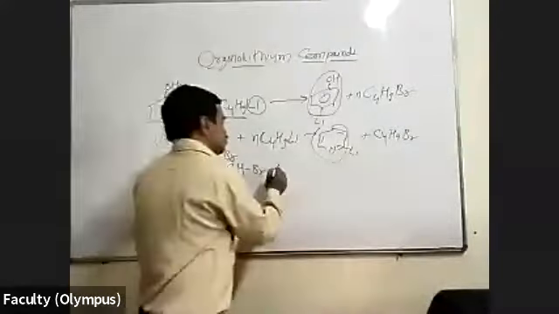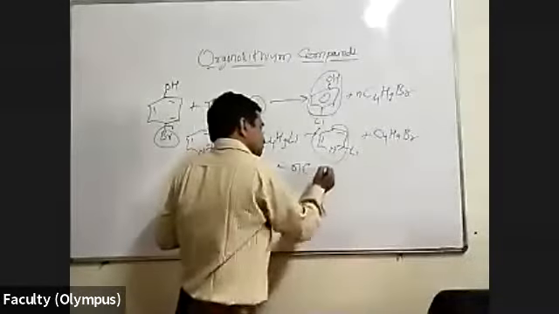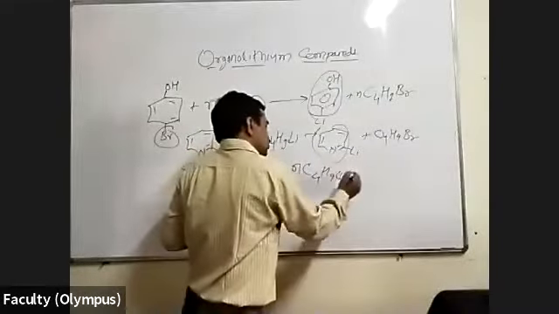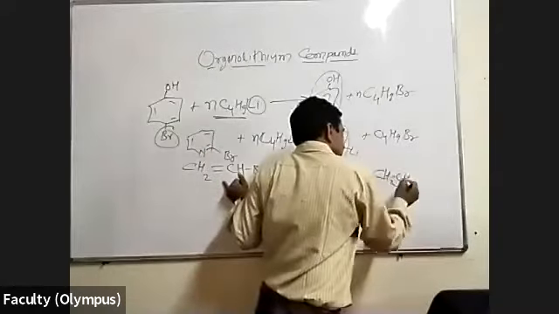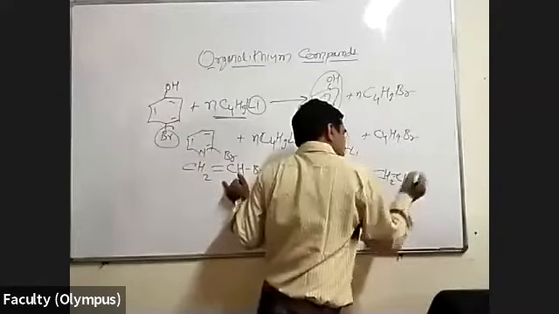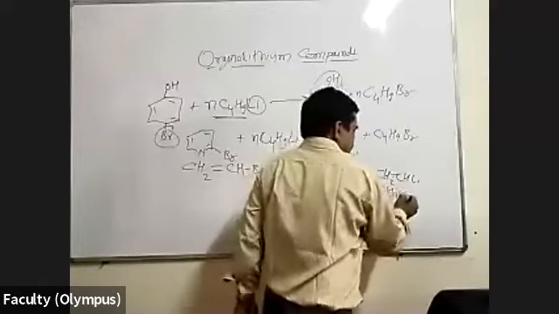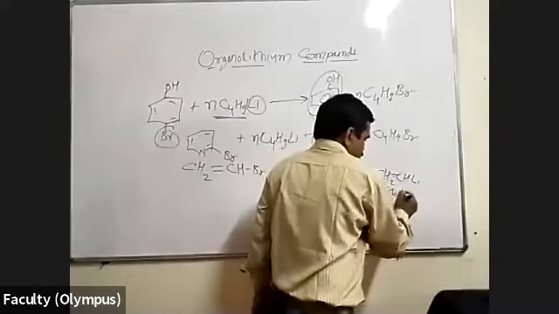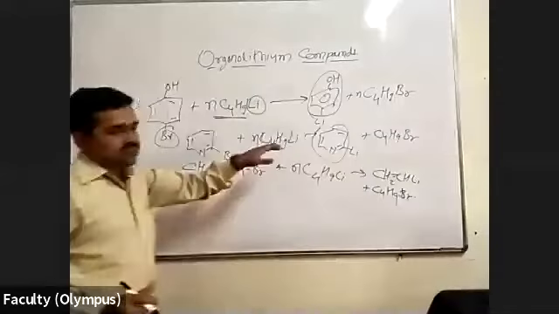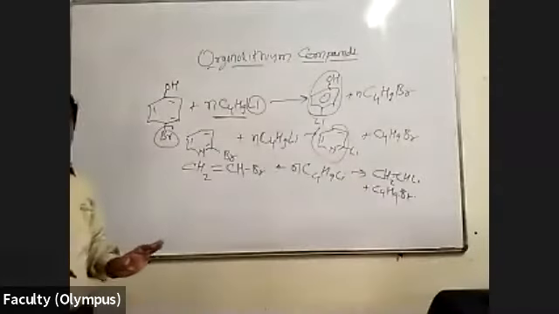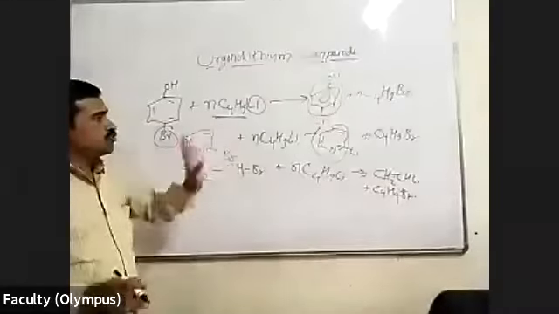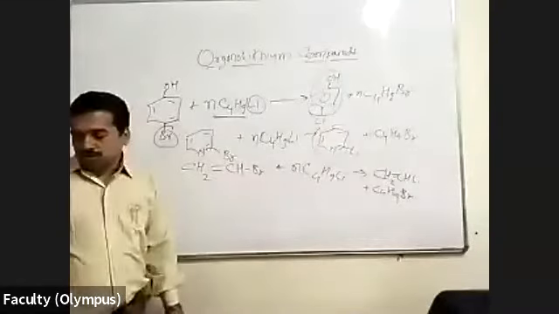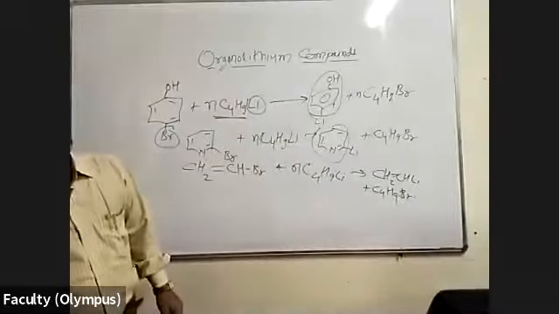When it is treated with the same N-butyl lithium, then we get allyl lithium, CH2=CH-Li plus C4H9Br. So this is the second method for the synthesis of organolithium compounds. In this way also we are able to prepare organolithium compounds.